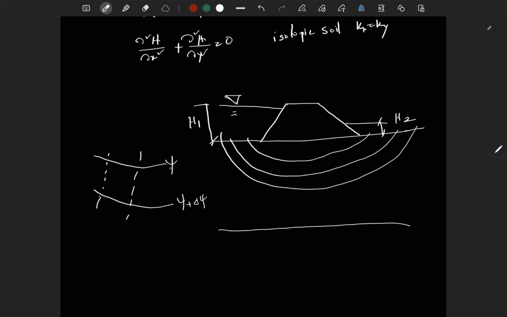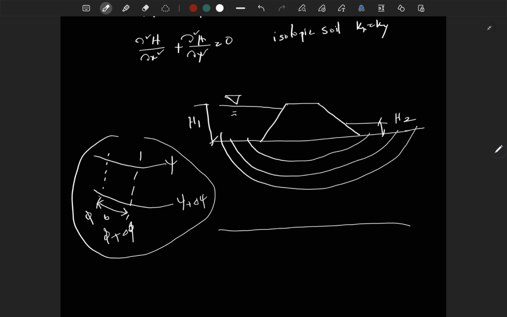This is the equipotential line, along which potential is constant. This is phi, and this is phi plus delta phi. Let us say this element is ABCD, and the entire thing is known as a flow curve.